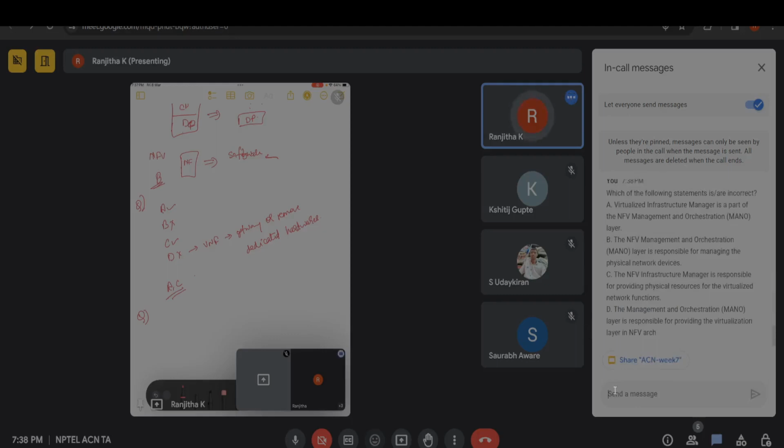Which of the following statements is or are incorrect? Okay, so we should point out the incorrect statement.